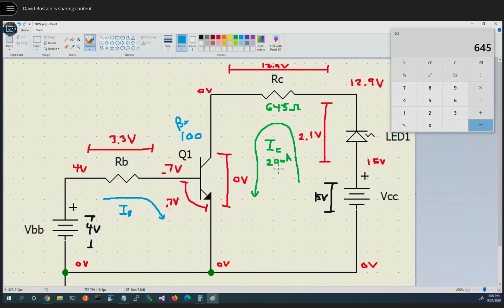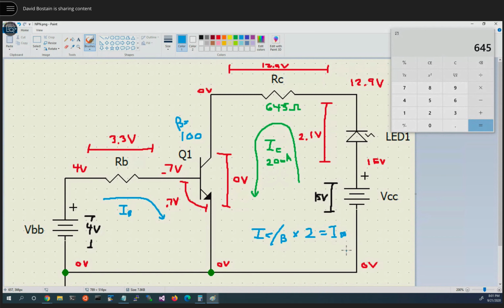So here's the rule we're going to use in this class. We're going to take IC, divide it by beta, because beta might not be 100 in a particular problem, and then multiply that times 2. And whatever we get is going to be the value we want our base current to be.